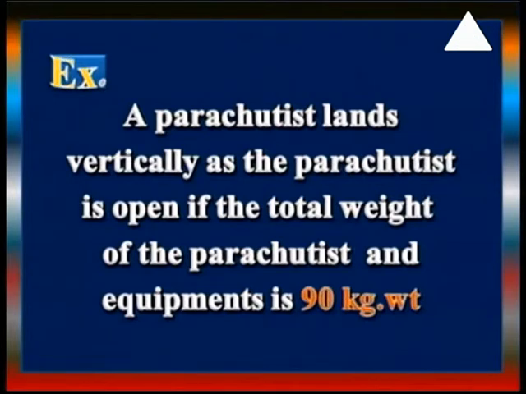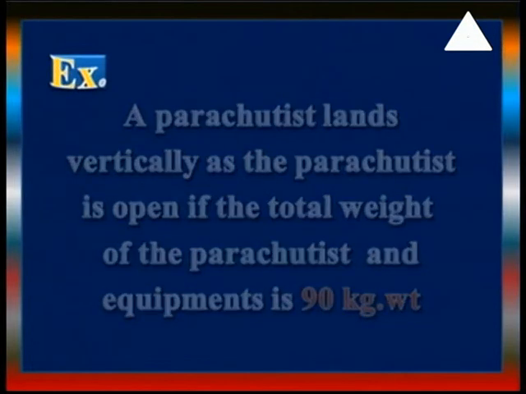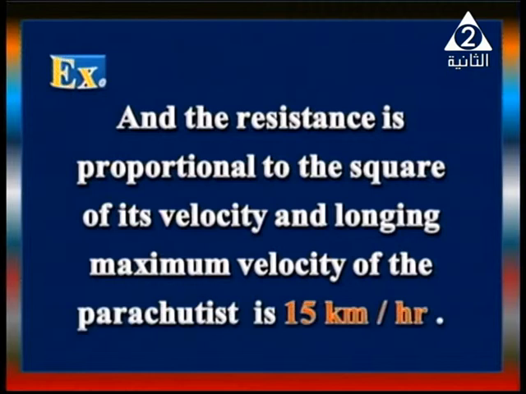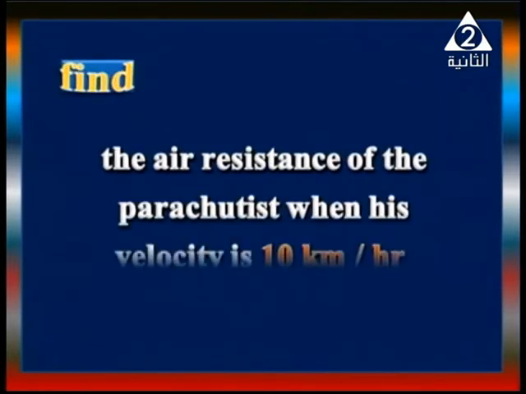If the total weight of the parachute and his equipment is 90 kilogram weight, and the resistance is proportional to the square of its velocity, and the maximum velocity of the parachutist is 15 kilometer per hour, find the air resistance of the parachute when his velocity is 10 kilometer per hour. Look at the solution.